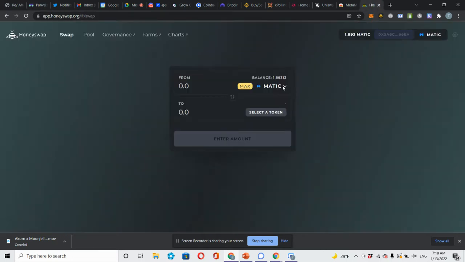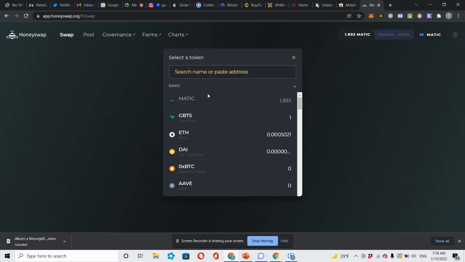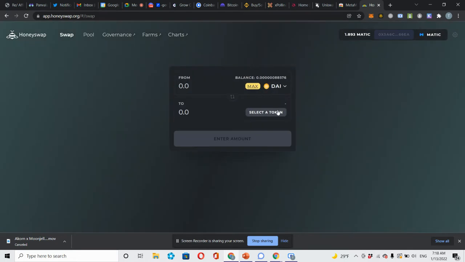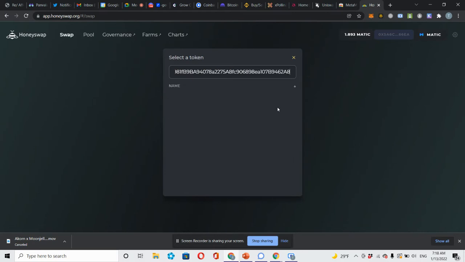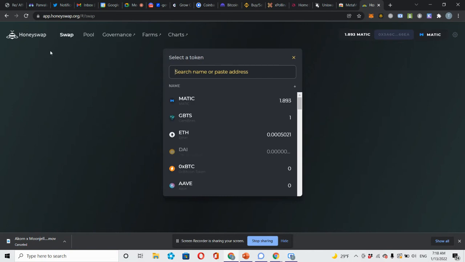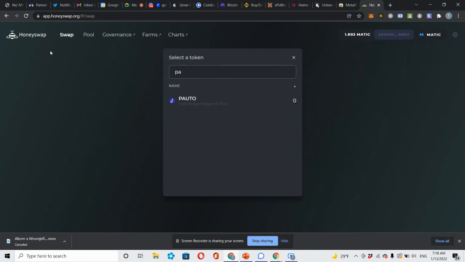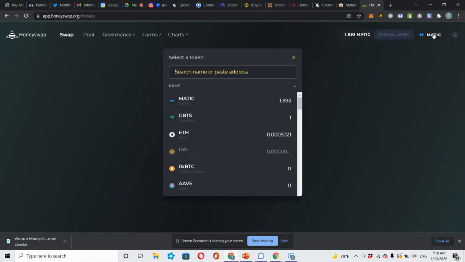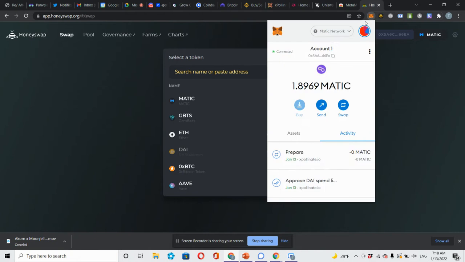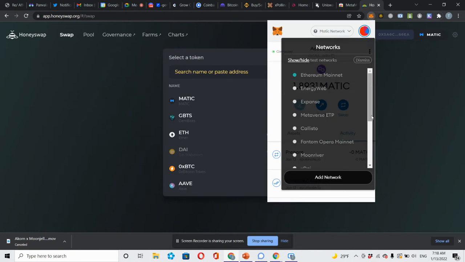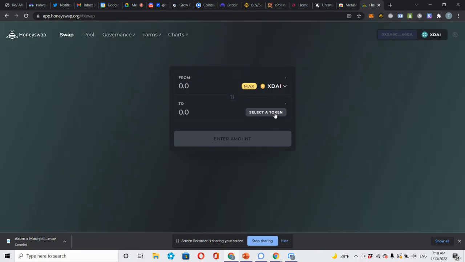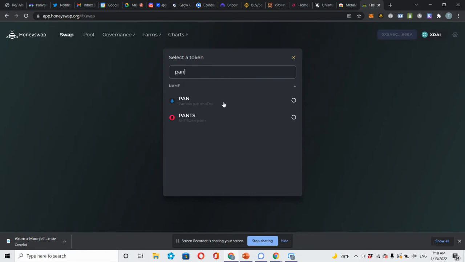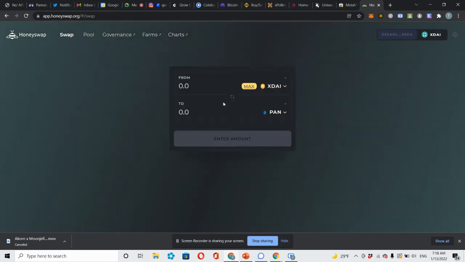Then we come to our Honeyswap, and we're trying to put DAI for Panvala. I need to transfer the network to XDAI chain. So XDAI is what it's recognizing now. And there's the Pan token.